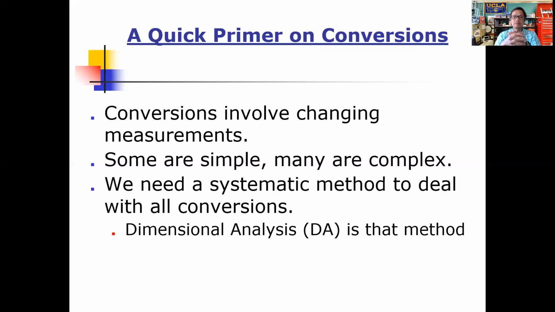And so what we need to be able to do is collect the data, and we need to be able to interpret it. Part of that interpreting process is to do what are called conversions. Conversions essentially involve changing one unit of measurement to another unit of measurement.